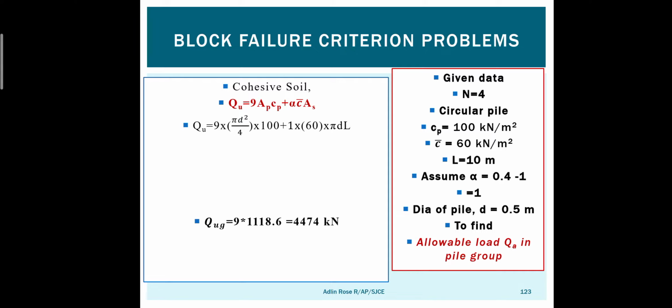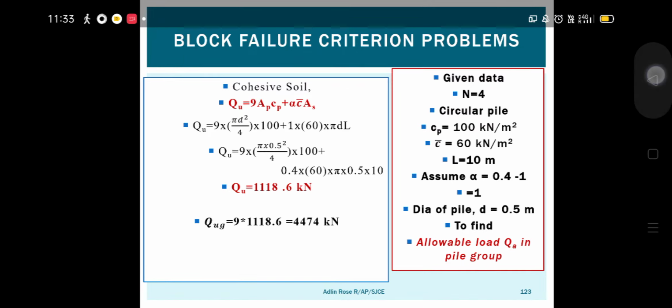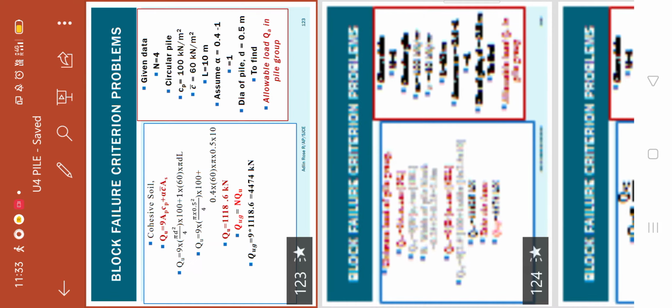Here we have diameter, so we put pi d, so pi d into L. Now substitute the diameter: 9 into pi into 0.5 square by 4 into 100, plus, I have made a mistake, 1 into 60 into pi into 0.5 into 10. So you get the answer as 1118.6.